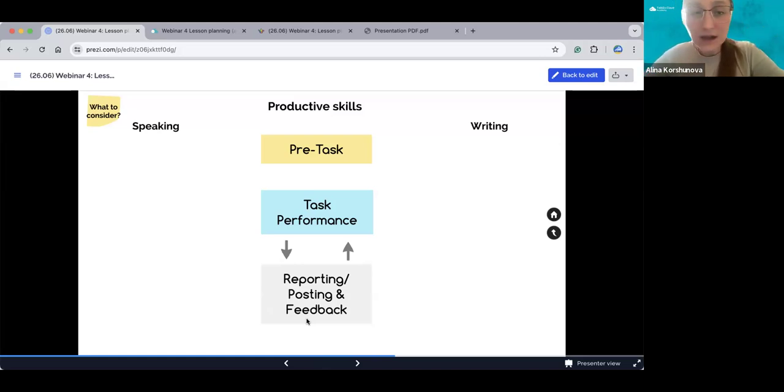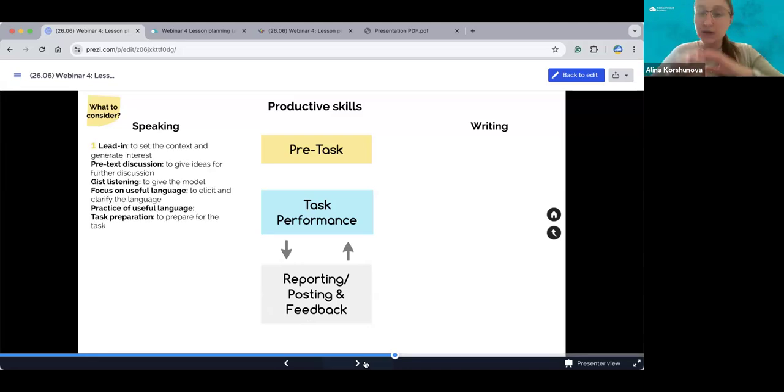So how would we do that? Everything in yellow is the pre-task, and it is focused on input. Input is the language, the examples, that our students need in order to be able later in our class to produce some output.